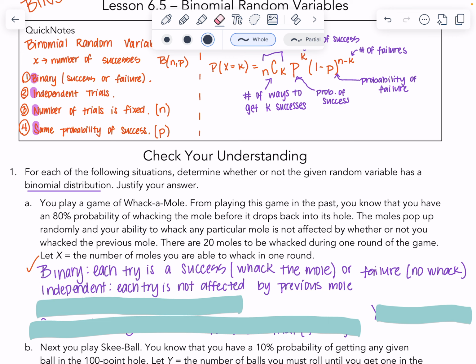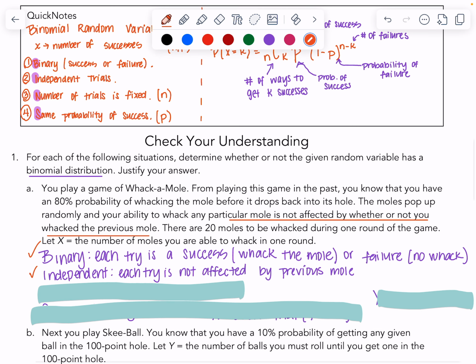Independent trials. So up here, they don't use the word independent, but they describe independence. It's not affected by the previous mole. So each try, and I use their wording, is not affected by the previous mole, so this is independent. The number of trials must be fixed. There are 20 moles, so n is equal to 20. We have a fixed number of trials.